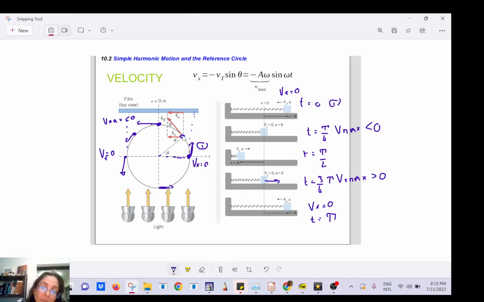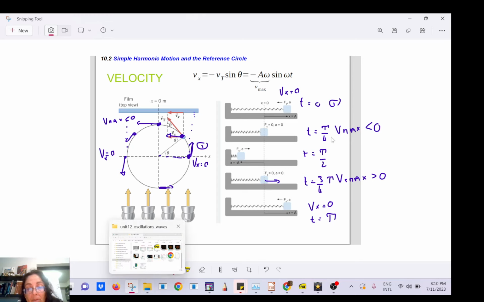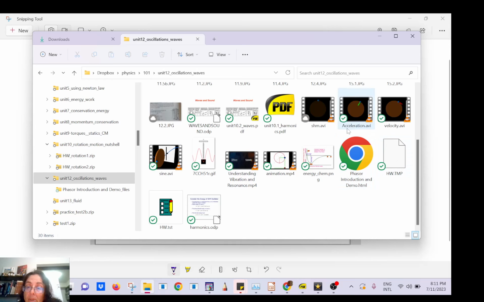At a position in between, that will be the velocity, and what you want is to take the x component of the velocity. So that's how it works. You can visualize the motion of a harmonic oscillator by imagining that you have a mass following a circular motion at a constant speed.